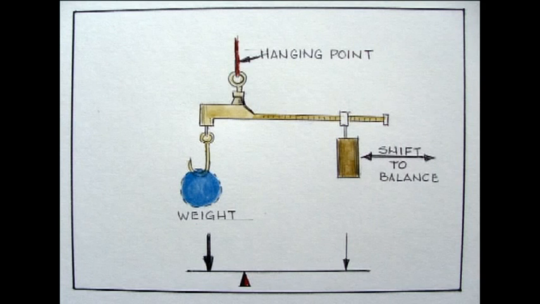You normally climb on a moving platform and then have to move the sliding weight either towards a pivot point or away from it in order to completely balance the horizontal rod. And when the rod is completely horizontal, then your weight or mass is read off a scale on the rod. In order to understand the concept here more clearly, imagine the blue weight as the largest object, such as the figure in the next photograph, and the movable weight as the smaller object, the bucket in the picture.